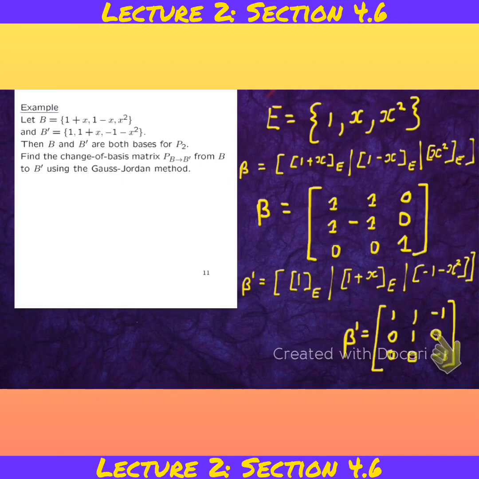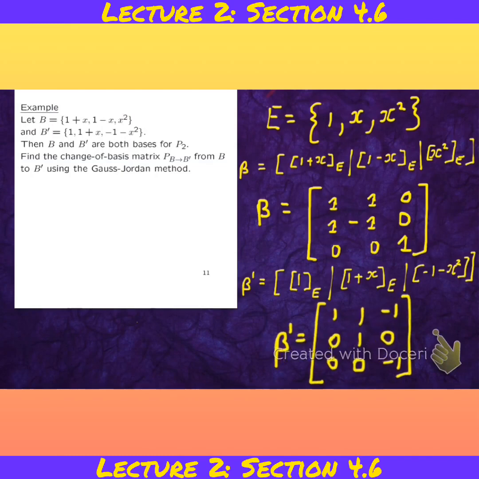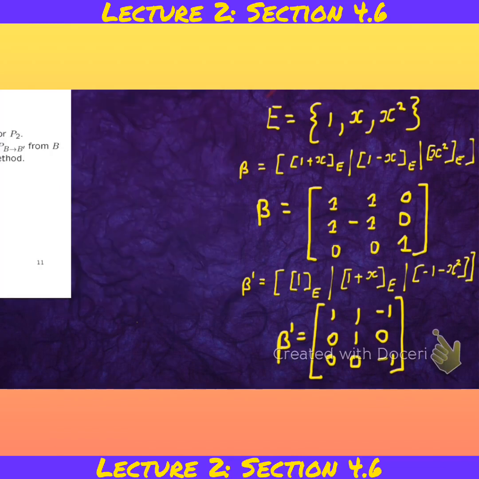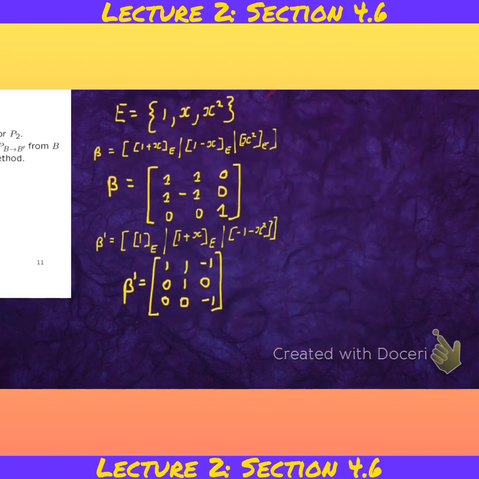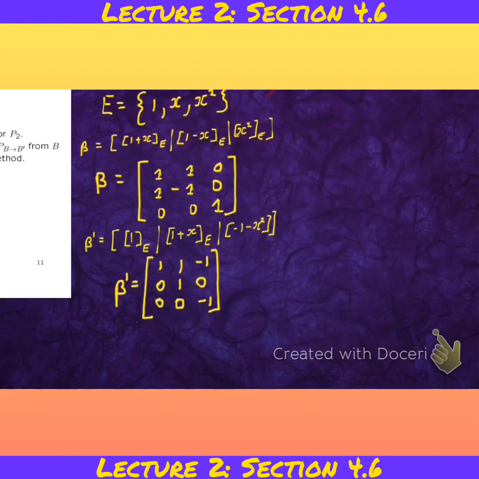That can be done in a similar way as the previous case. So there we have the columns of my matrix that I put together, and it gives me the matrix B prime. Now we can continue from there.